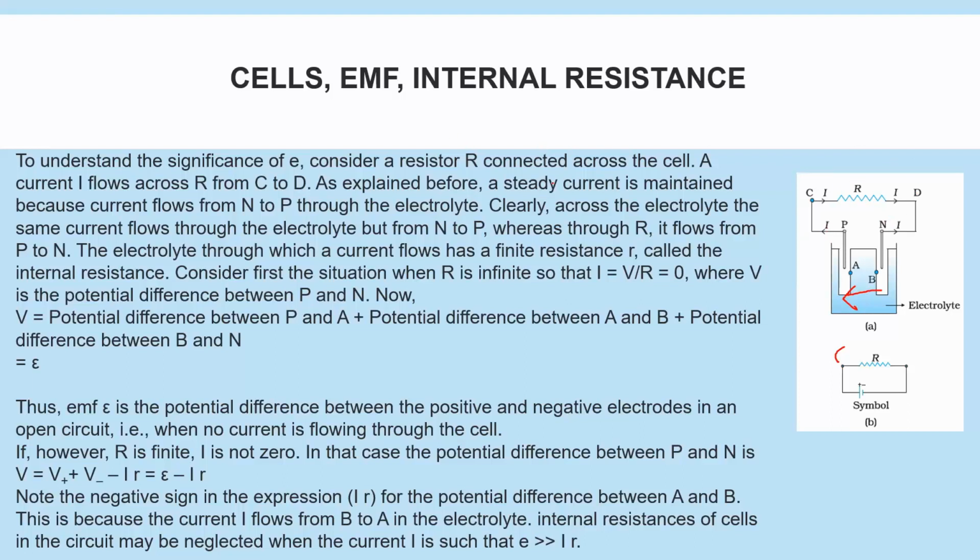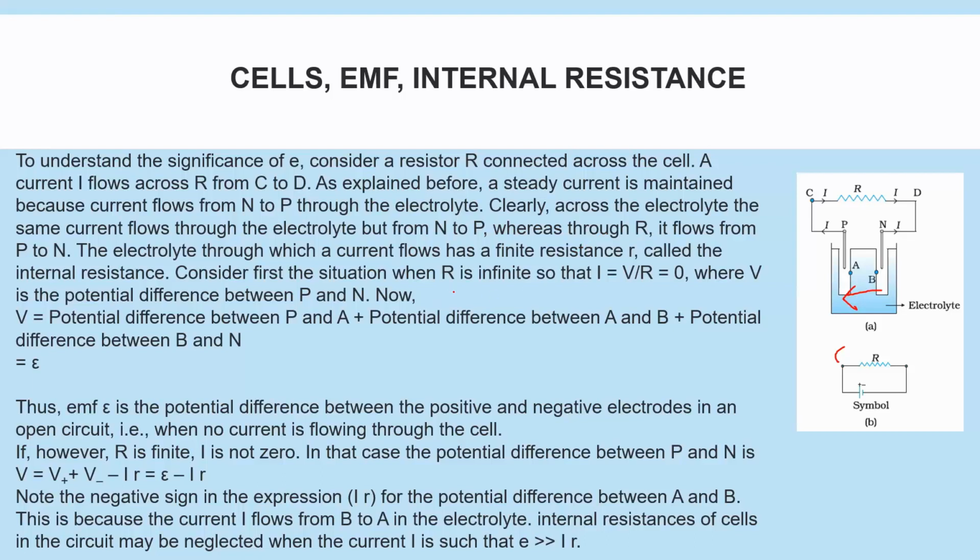The steady current is maintained because the current is flowing from N to P through the electrolyte, and the current I flows across R from C to D. So across the electrolyte the same current is flowing but in the opposite direction, whereas through R it flows from the positive to the negative electrode.